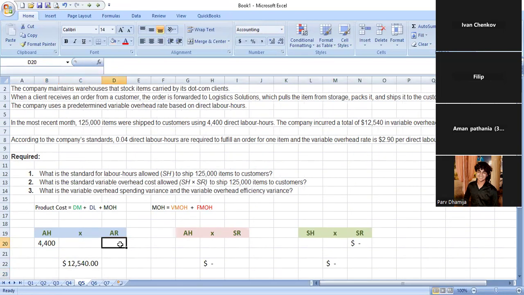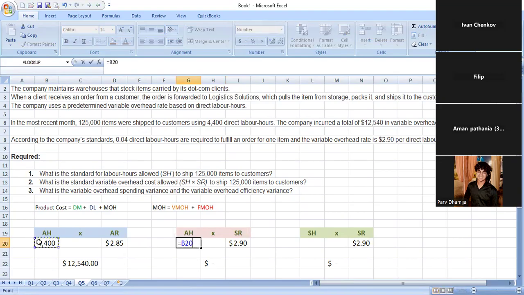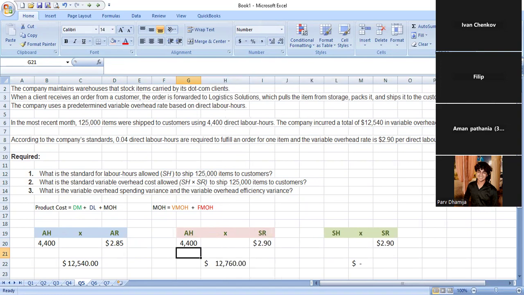My actual rate is going to be this divided by 4,400, and my actual rate is 285. Do I know my standard rate? Yes, 290. Okay, my actual hours, 4,400. Now I have my variance here.